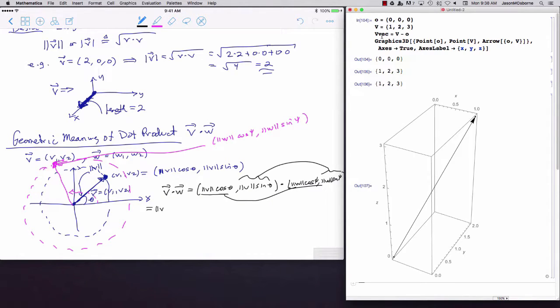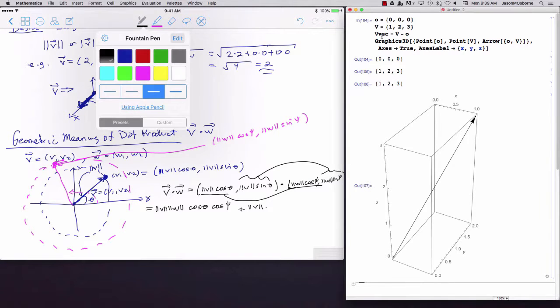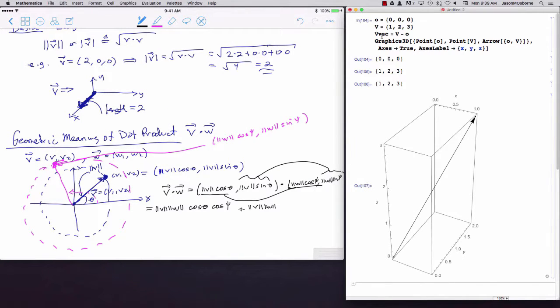You'll get the magnitude of v, magnitude of w, cosine of theta, cosine of psi, plus magnitude of v, magnitude of w, sine of theta, sine of psi. Now the magnitude of v, magnitude of w is in common, so I can factor it out. And I get cosine of theta, cosine of psi, plus sine of theta, sine of psi.